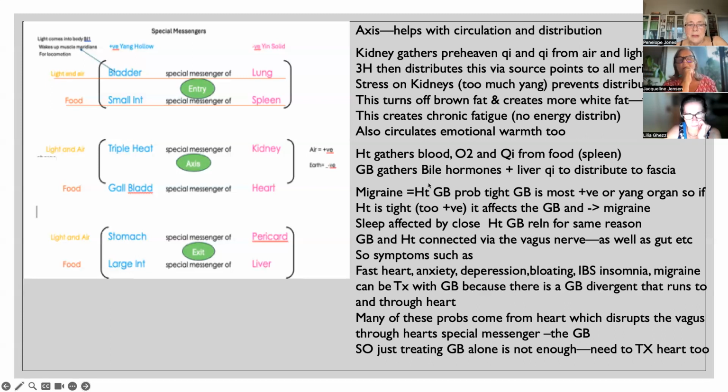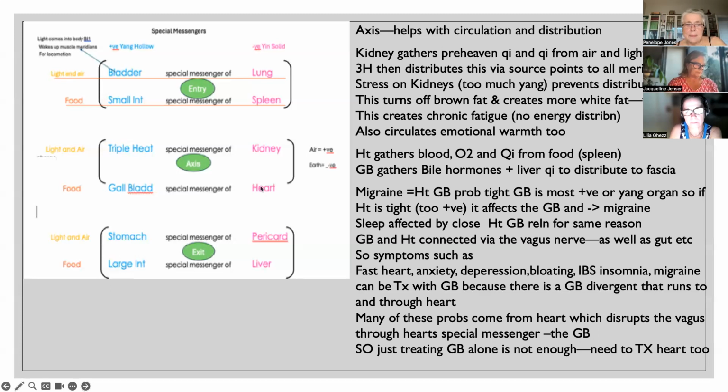Now, another thing about the combination of heart and gallbladder: migraine is a heart gallbladder problem. When you get tightness in the heart, because the gallbladder is the most yang of all the organs, if the heart gets constricted, that can't be cleared by the gallbladder.